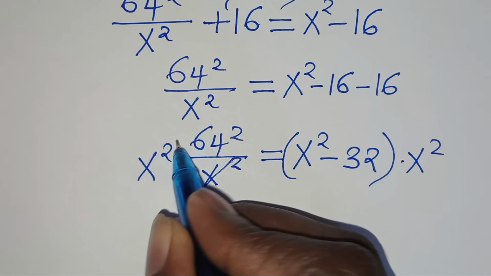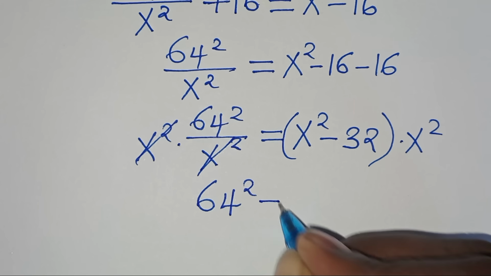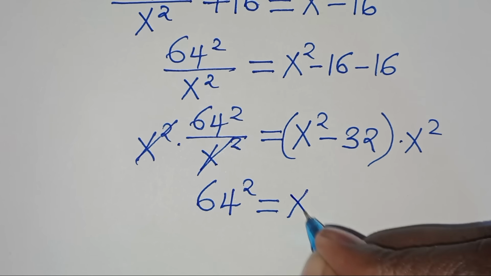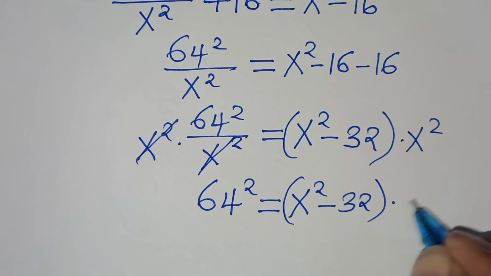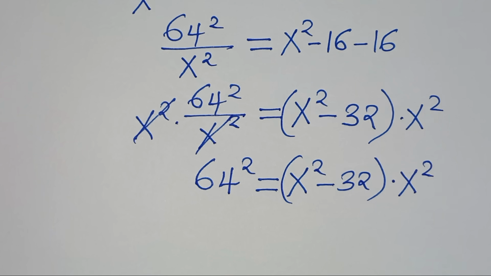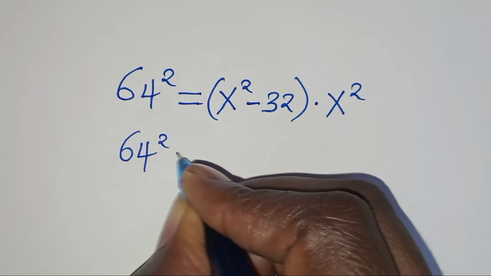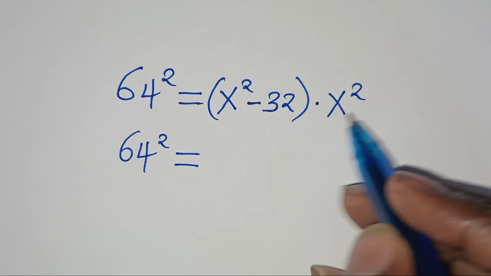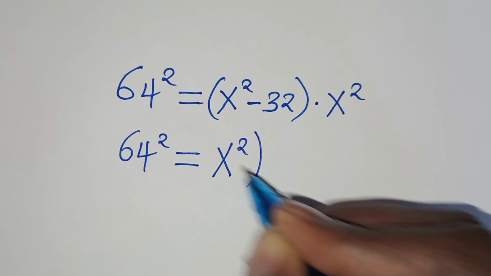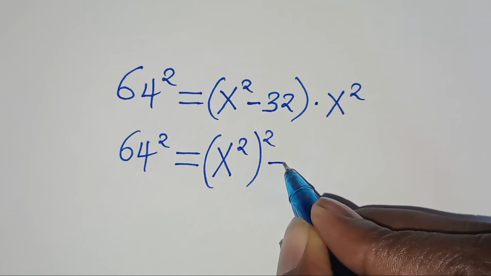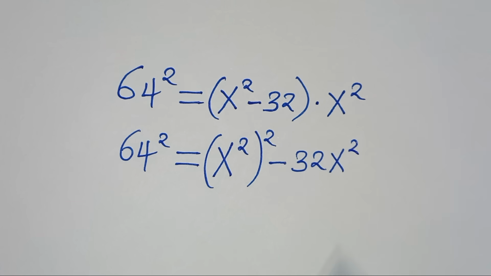So let's simplify here. So this means we have 64 squared. This is equal to x to the power of 2 minus 32 multiplied by x to the power of 2. So we have 64 squared equal to x to the power of 2 raised to the power of 2 minus 32 x to the power of 2.